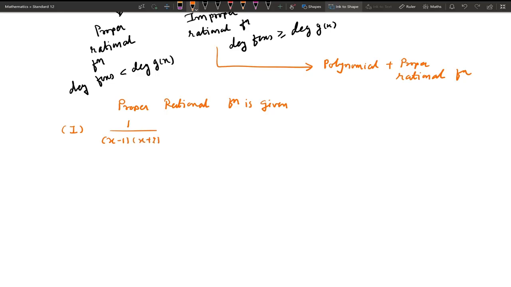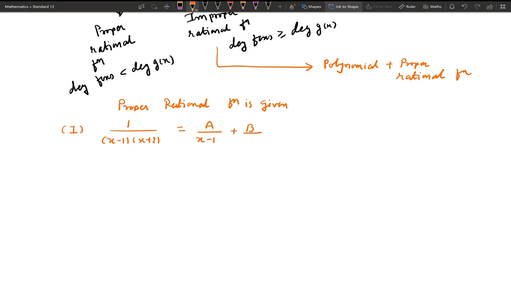This is a proper rational function because degree of numerator is strictly less than degree of denominator. In numerator degree is 0, while in denominator degree is 2. And in denominator we have factors which are linear, meaning of the form ax plus b, and non-repeated. If square or cube is there, those factors are known as repeated, but here it is linear and non-repeated. So for that one we write an expression of the following form for partial fraction.